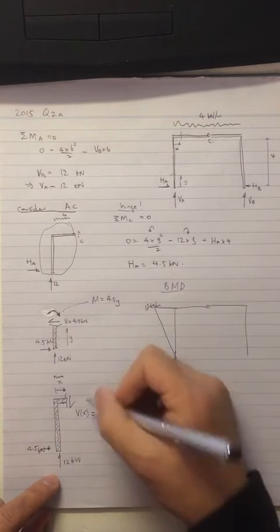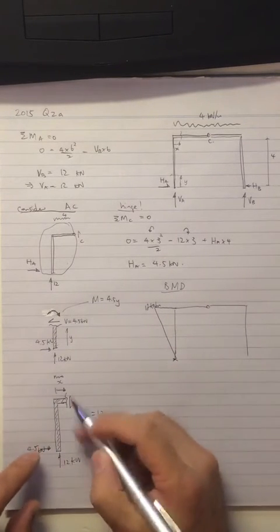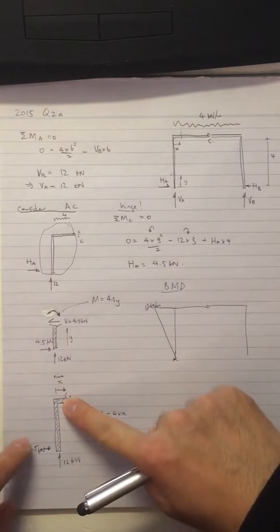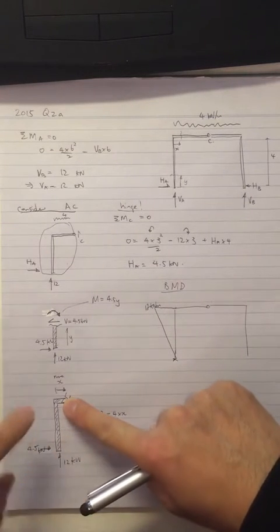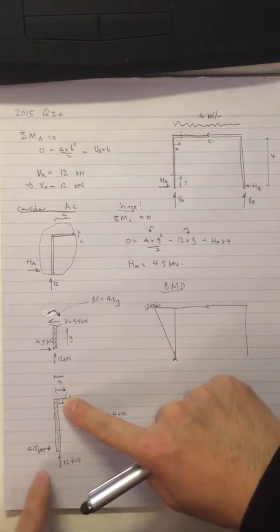And if we look at the bending moment, take moments about this point here, this is going to create a counterclockwise moment, this is going to be a clockwise moment.